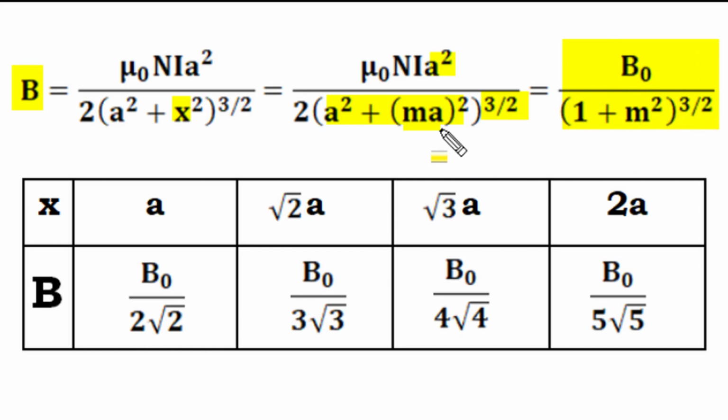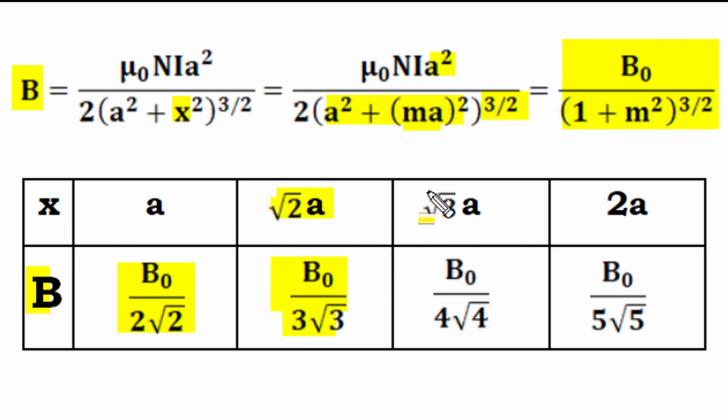If our axial distance is 1a, that means m is 1, so 1 and 1 become 2 and this becomes 2 root 2, and the axial magnetic field becomes 1 by 2 root 2 times the center value. When m is root 2 and the axial distance is root 2 a, then root 2 square is 2, and 2 and 1 sum to 3, and the axial magnetic field becomes 1 by 3 root 3 times the center value.